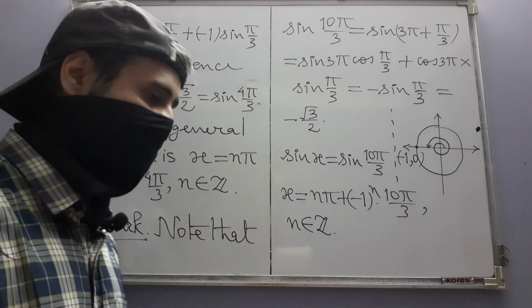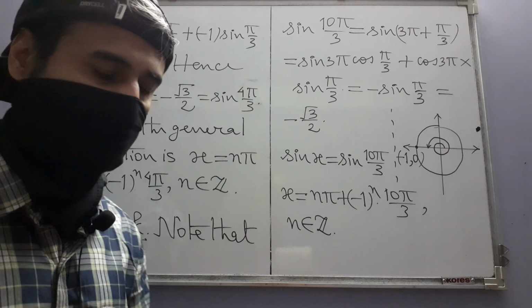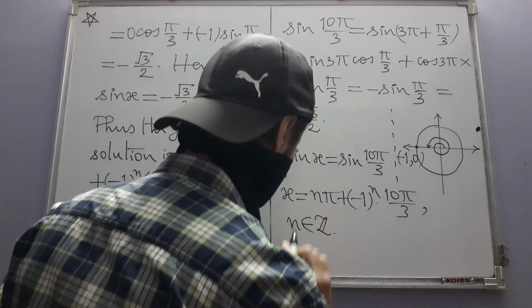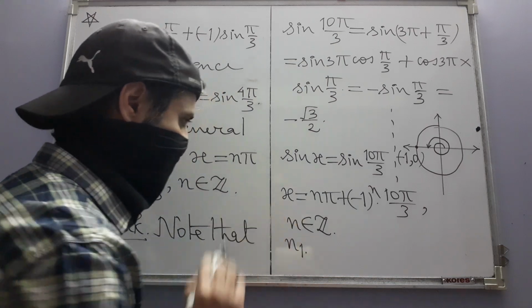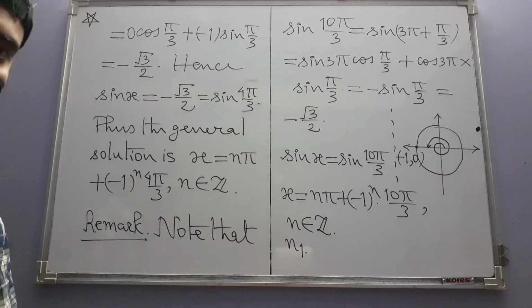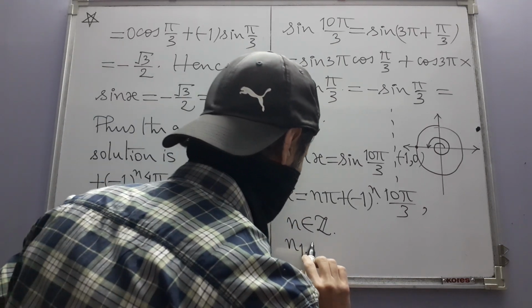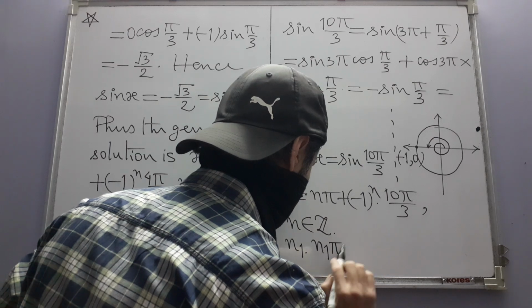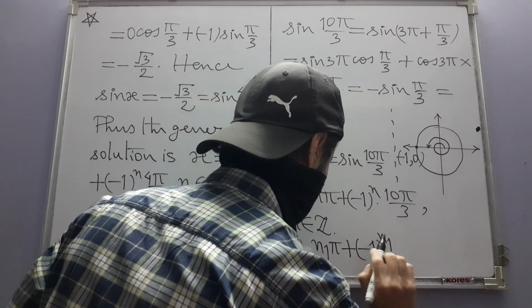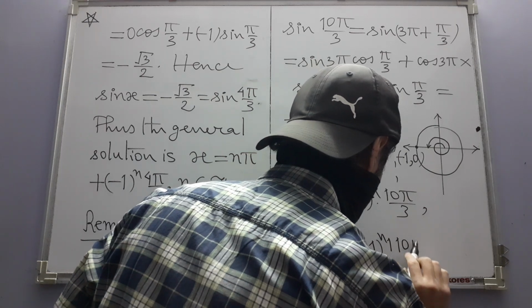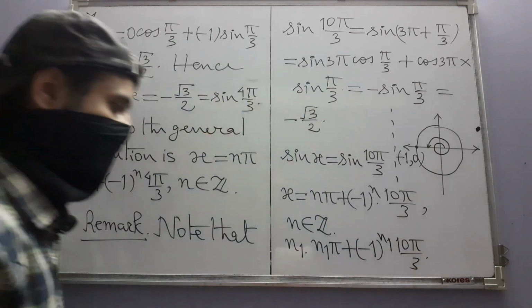These two sets are equal as sets. So for some value of n, say n1, you will get some corresponding x value: n1 pi plus minus 1 to the power n1, 10 pi divided by 3.